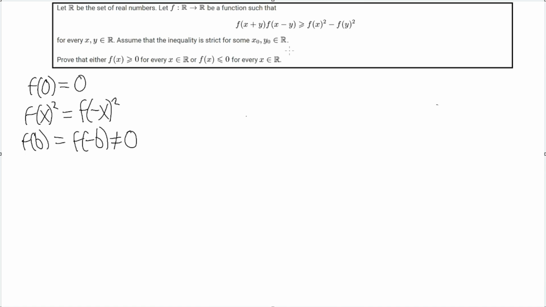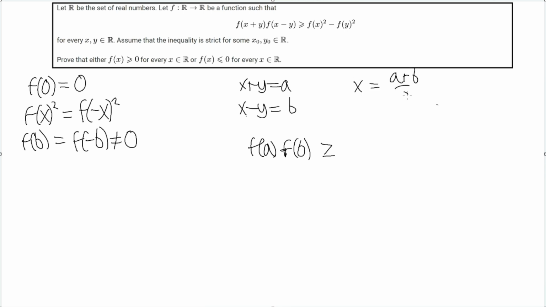Well, for starters, we want to let one of these guys equal b so that we can better understand what's going on. So if we let x plus y equal a and x minus y equal b, then we get f of a times f of b is greater than or equal to, if we solve for x and y, we get x equals a plus b over 2 and y equals a minus b over 2.